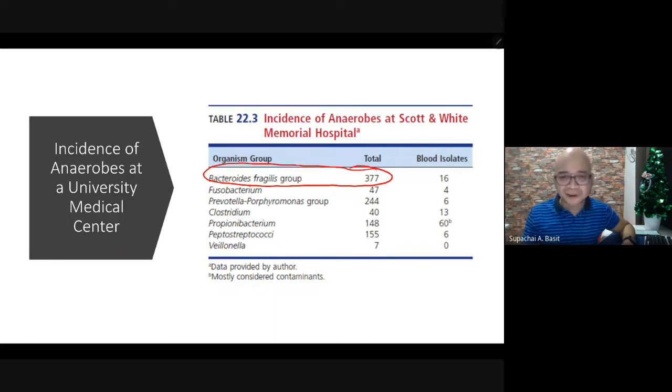But from blood culture, the most common is Propionibacterium. This is for blood culture. And they are mostly considered contaminants, which means that they're not really the ones that cause pathogenicity in the patients.